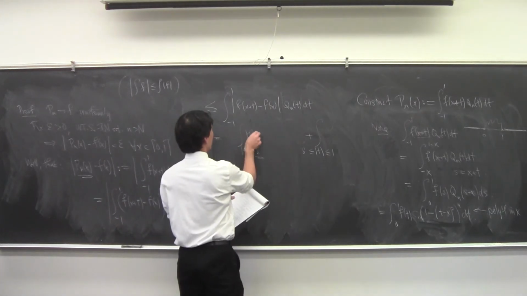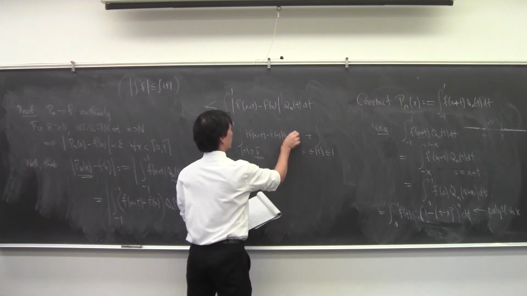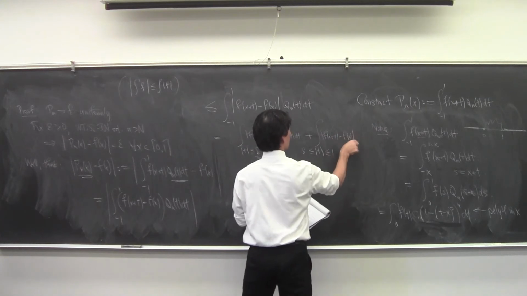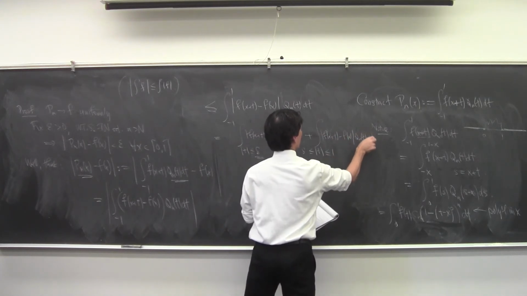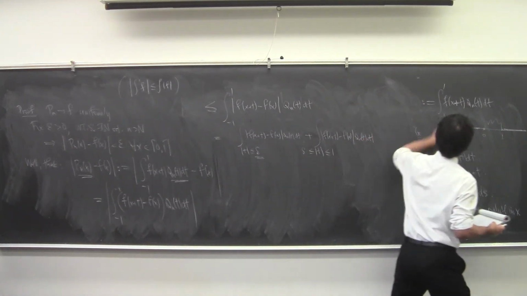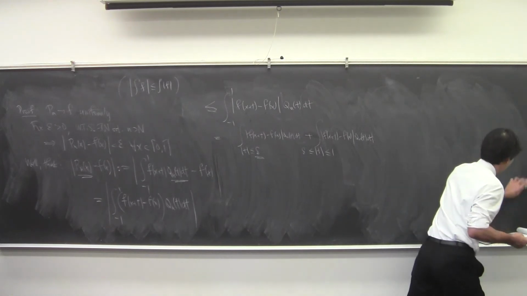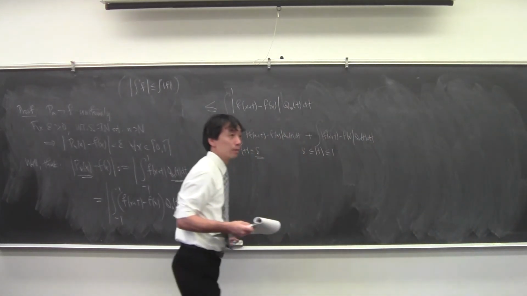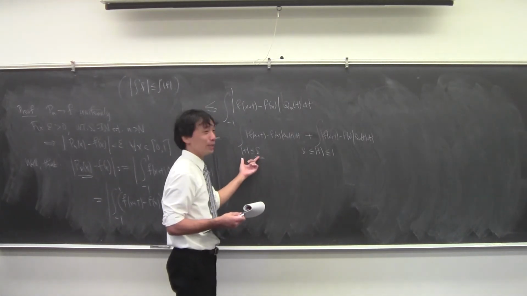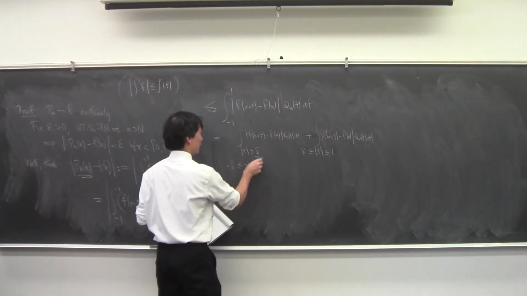So I get this thing, and I get this thing. Here the upper bounds are included, so t lies between negative delta and delta.